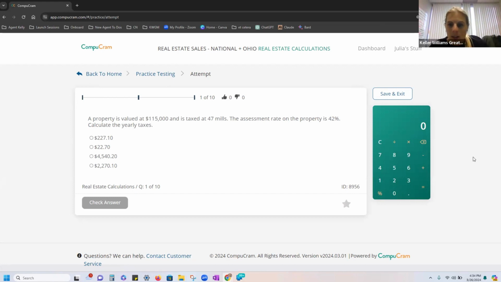The assessment rate on the property is 42%. Calculate the yearly taxes. Is it A, $227.10, B, $22.70, C, $4,550.20, or D, $2,270.10?